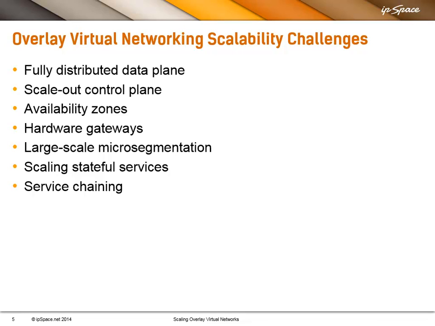Third, if you're building a large environment, then you want to have availability zones so that if your controller fails in one zone, virtual machines in other zones still continue to work. Next, as you grow and you get the requirement to have more than 10 or maybe a few tens of gigabits of connectivity between the virtual networking and the physical world, you will have to start considering hardware gateways.